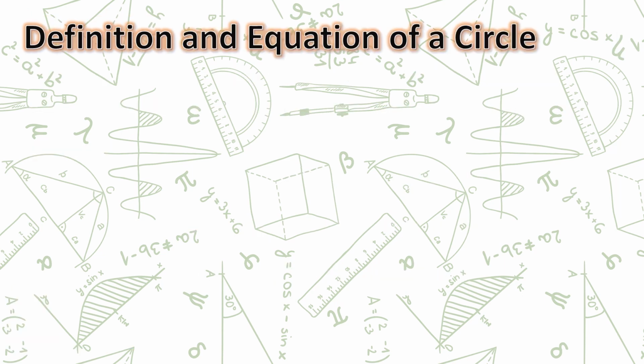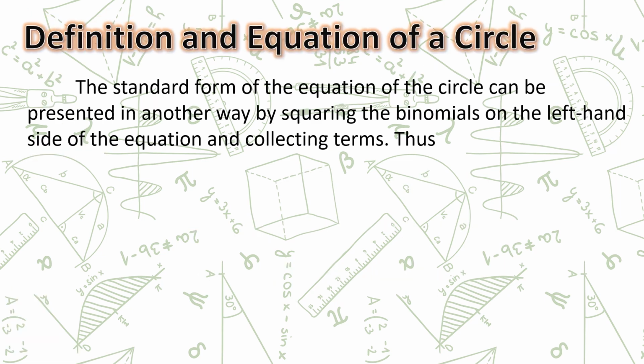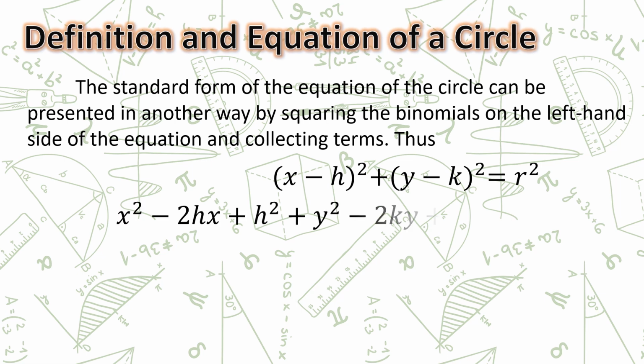The standard form of the equation of the circle can be presented in another way. That is by squaring the binomials on the left-hand side of the equation and collecting terms. Thus, from (x minus h) squared plus (y minus k) squared equals r squared, squaring the binomials, we get x squared minus 2hx plus h squared plus y squared minus 2ky plus k squared equals r squared.